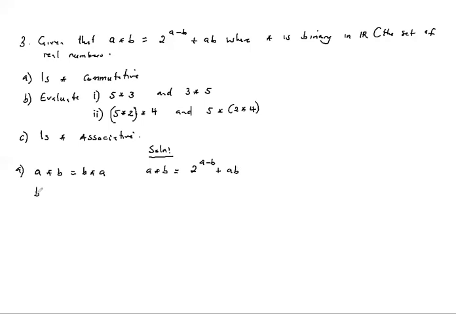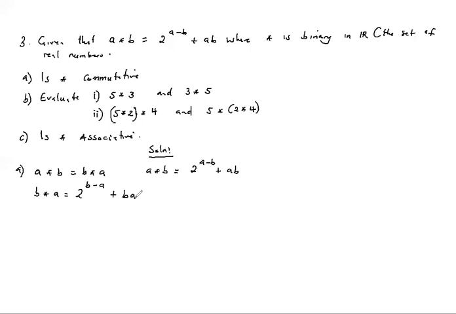So let's start with B star A. How do we define B star A? B star A is equal to 2B minus A plus BA.